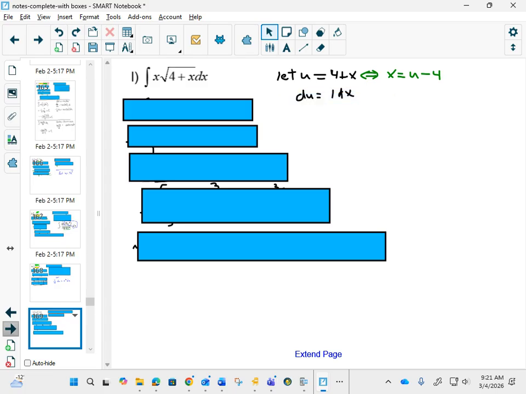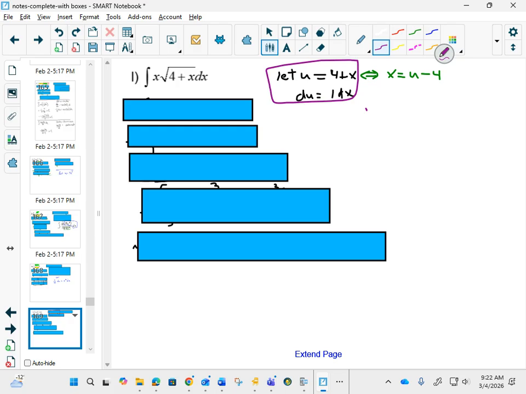You're like, why is that helpful? Well, du is just dx. So normally, what we'd be able to do from this question, and I'll write it off to the side here, is all you would think about in a normal substitution is that part.